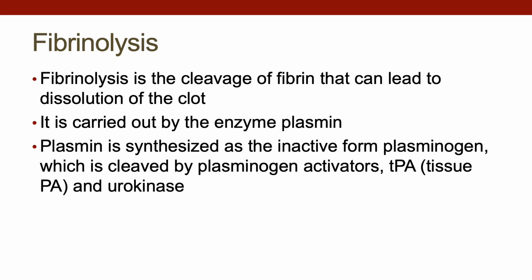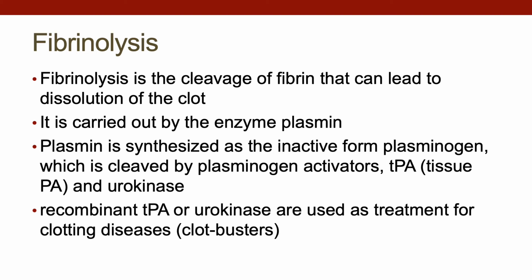Two of the important ones are TPA, which is short for tissue plasminogen activator, and urokinase, which is actually not a kinase, but a protease. It was originally purified from urine. Recombinant tissue plasminogen activator or urokinase are used as treatments for clotting diseases such as stroke. So they're known as the clot buster drugs.